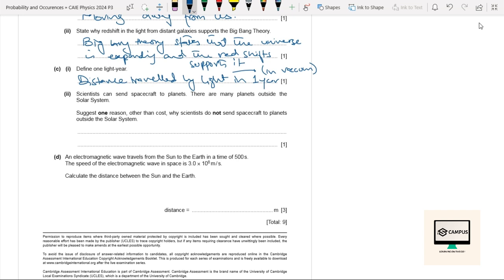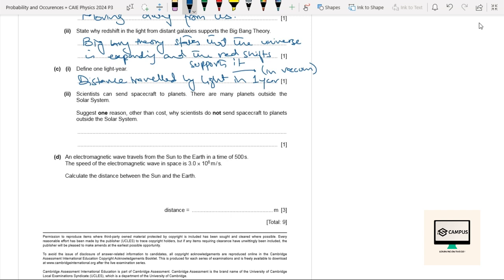Part 2 says that scientists can send spacecraft to planets. There are many planets outside the solar system. Give just one reason, other than the cost, why scientists do not send spacecraft to planets outside the solar system. So we cannot talk about the cost. One of the very pivotal reasons why there hasn't been a mission to another planet outside the solar system is that the scale of the distances in the universe is so gigantic that the nearest star system to our solar system is Alpha Centauri, which is about 4 to 5 light years away.